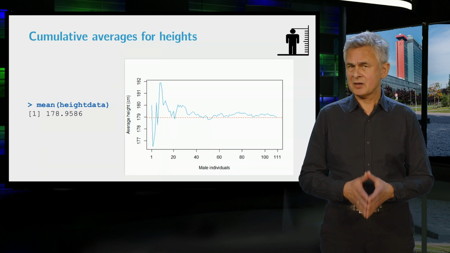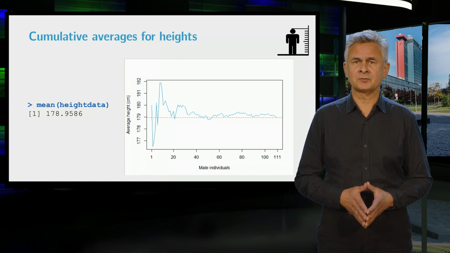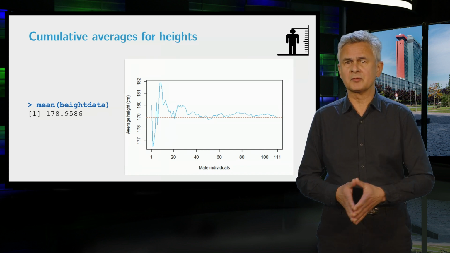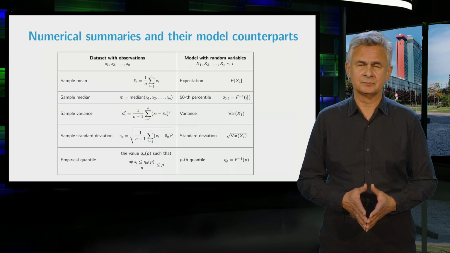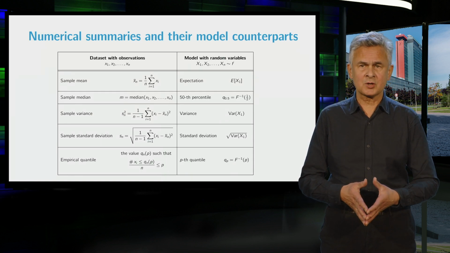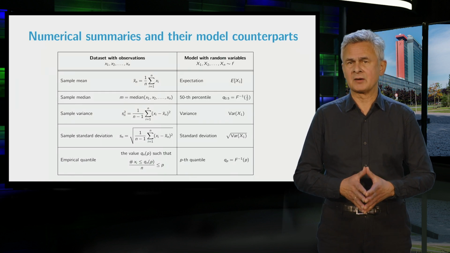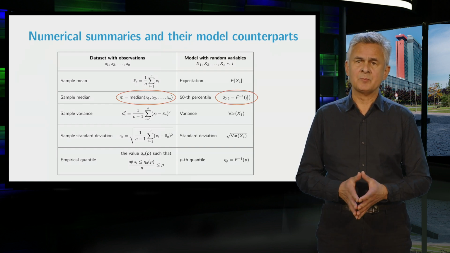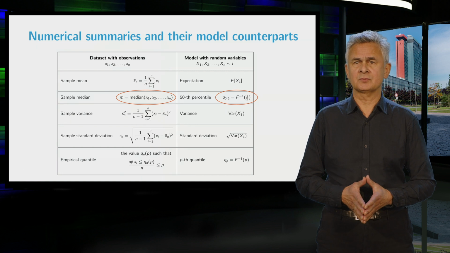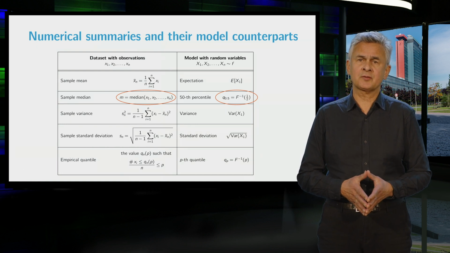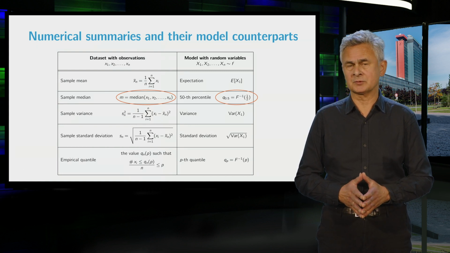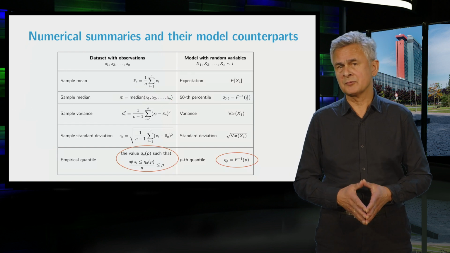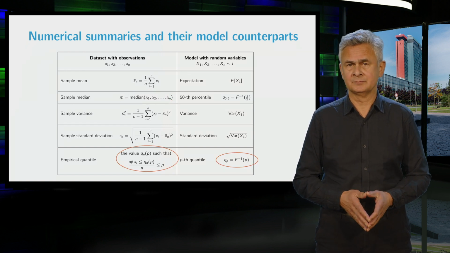In fact, several numerical summaries of the dataset correspond to similar features of this distribution. Well, here's an overview of some of these similarities. For example, the sample median of the observations will be close to the 50th percentile of the model distribution, and similarly for an empirical quantile.